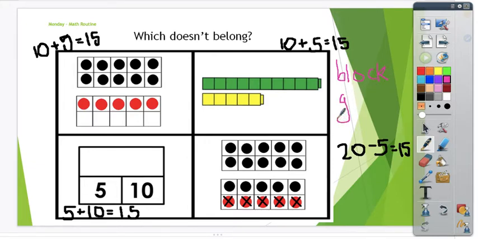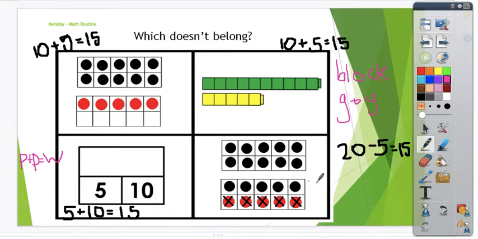So we're going to put a G for green and a Y for yellow. That way we know how those are different. Okay, so what about if we look at this one? What is different about this one? Well, it uses part plus part equals whole. It uses our part, whole model. Okay?